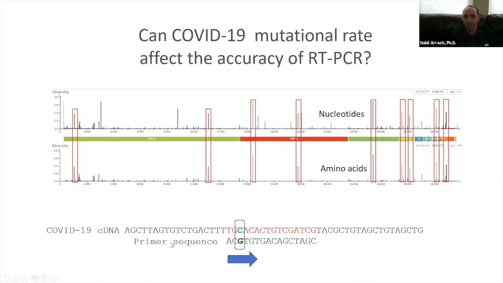If the primer lands on the site of the mutation, maybe that primer will not be able to amplify throughout the genome. And what that means is you have a failure of amplification. Even if you have an internal control for other phage, they may perform normally, and you may have a false negative result.